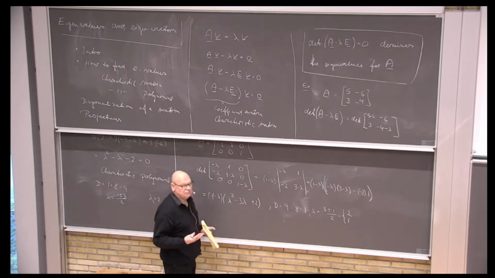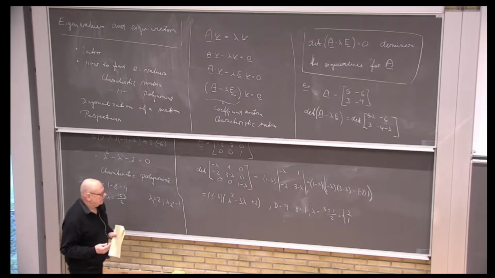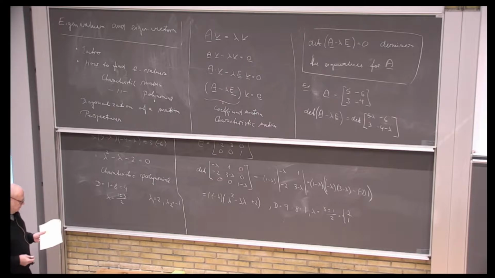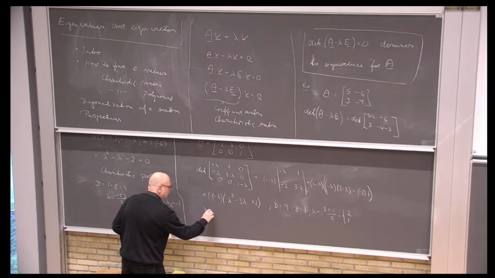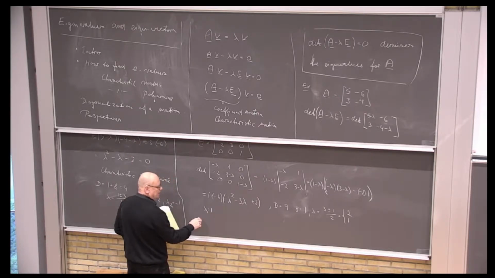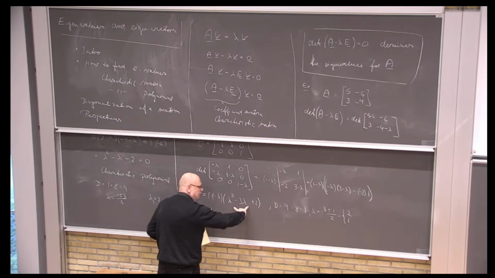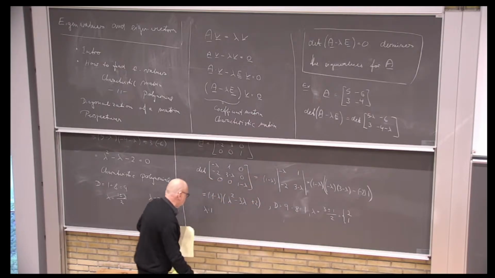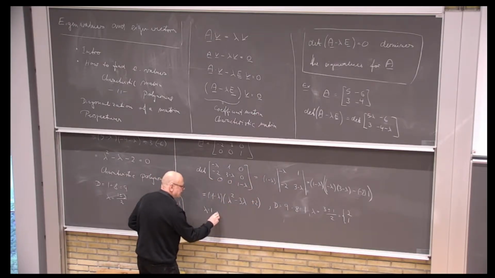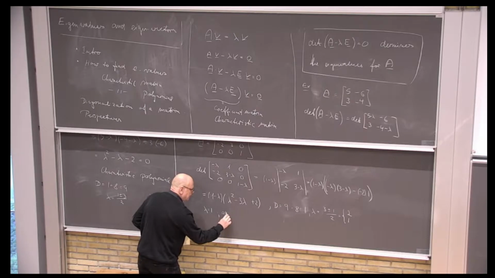So now you can read the eigenvalues. That is, you have lambda 1 equal to 1. This is a factor here, but it's also a factor in this one. So this is one of the roots. So what you say is that the algebraic multiplicity of lambda 1 is equal to 2.